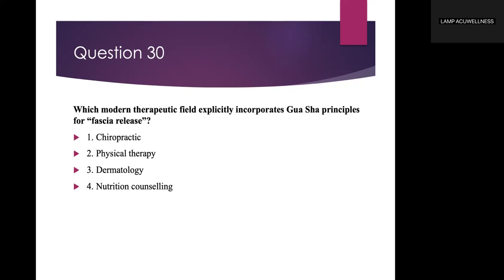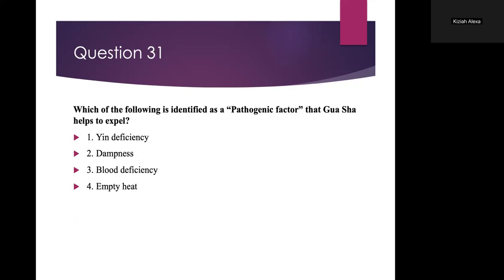Which modern therapeutic field explicitly incorporates Gua Sha principles for fascia release? Physical therapy. Which of the following is identified as a pathogenic factor that Gua Sha helps to expel? To expel the dampness.